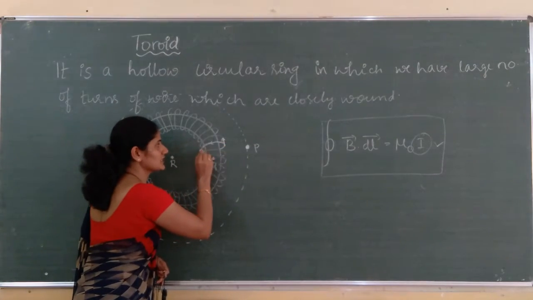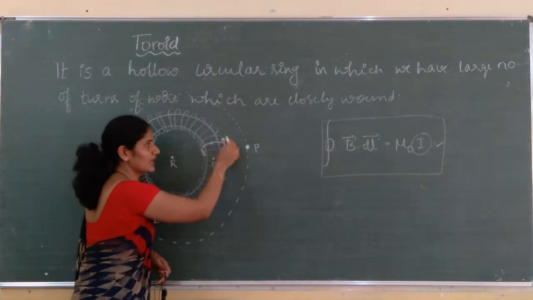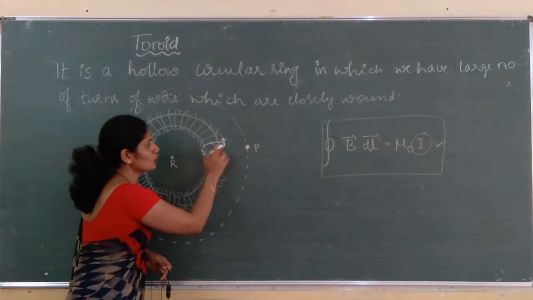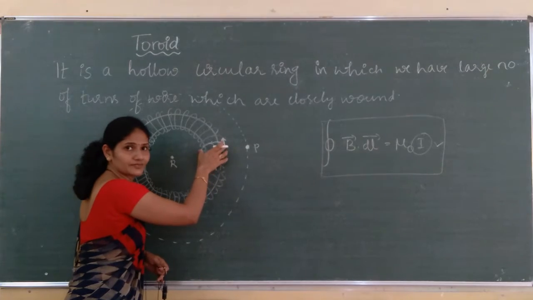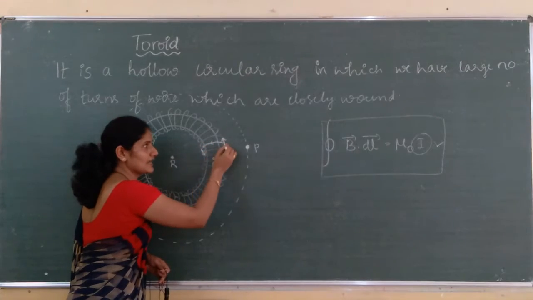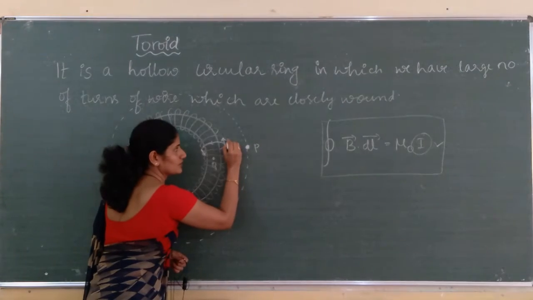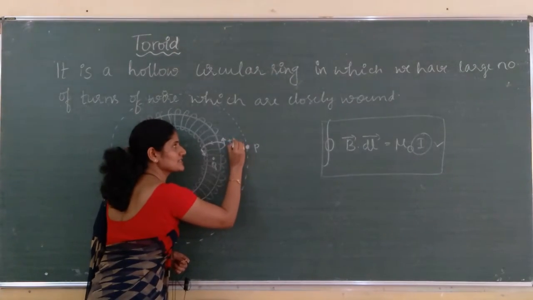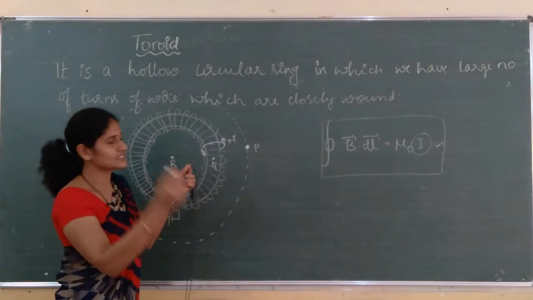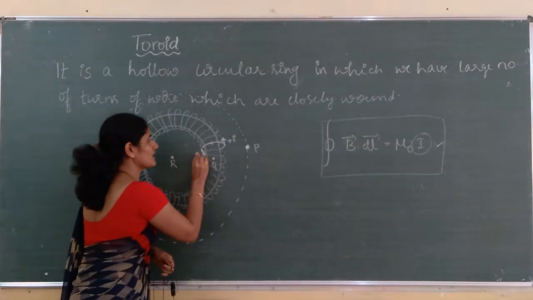Here, if you consider these 2 points, this is the current coming out, and this is the current which is going in. The amount of current is same, amount of current is going in and coming out. If I consider this current as positive, I will denote this as plus I. The current which is coming out is considered as plus I, and the current which is going in is considered as minus I.